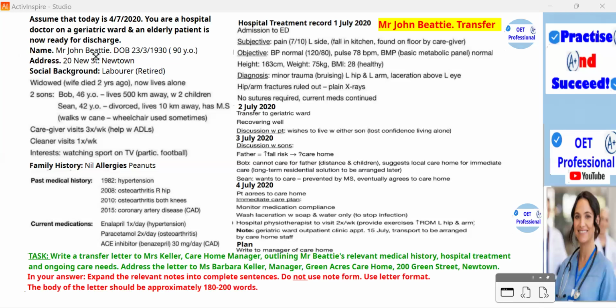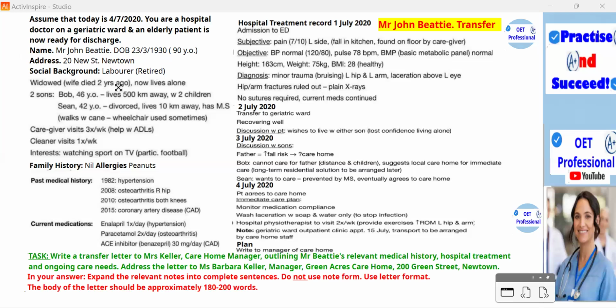Name: Mr. John Beattie. Date of birth: 23rd of March 1930. 90 years old. Address: 20 New Street, Newtown. Social background: labourer, retired. Widowed.